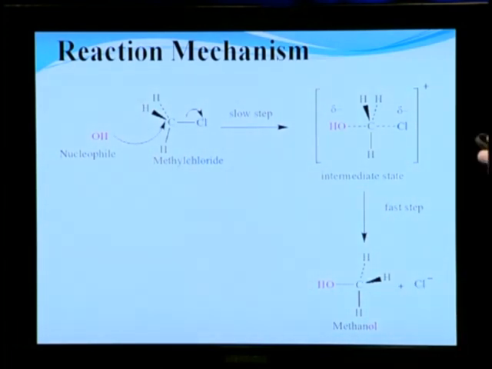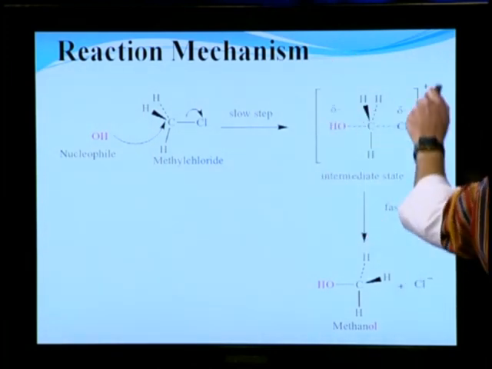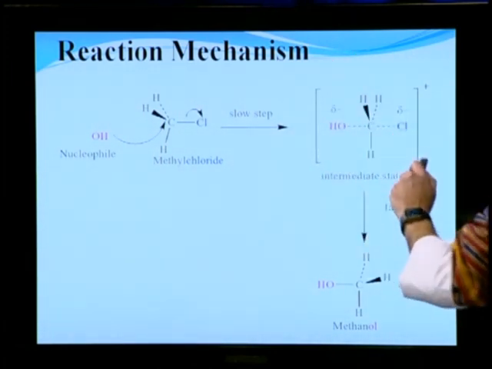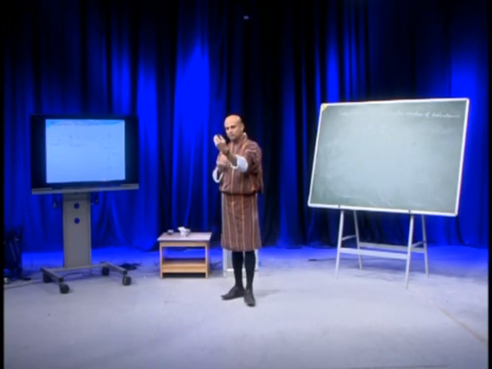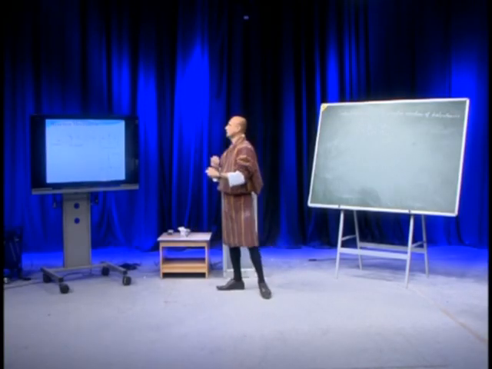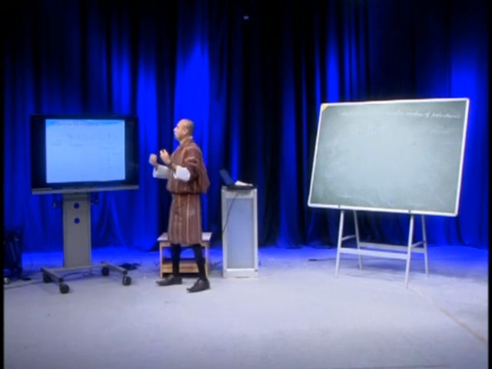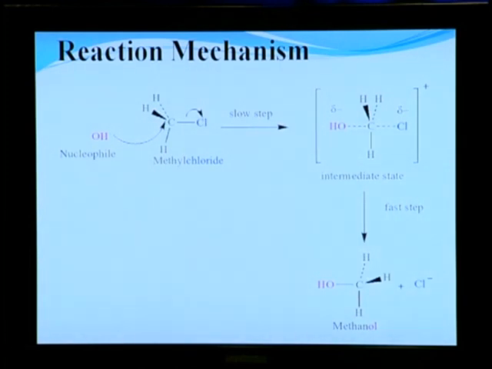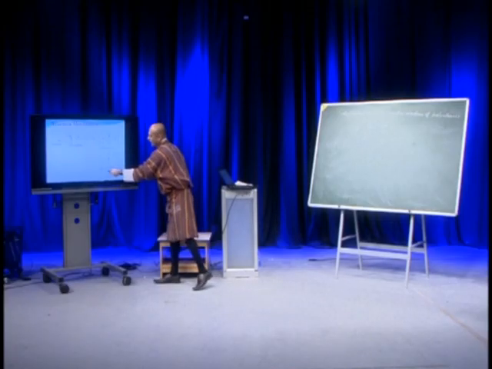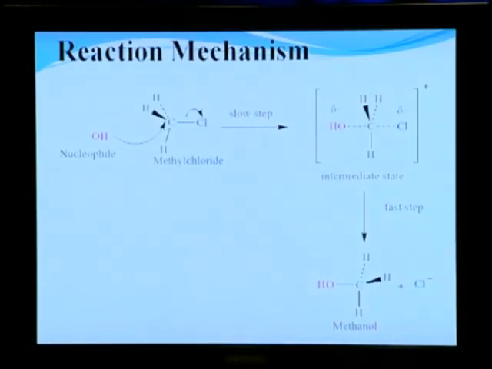Therefore, an intermediate state, an intermediate compound will be formed whereby partially new bond formation is taking place between carbon atom and incoming nucleophile, and at the same time, the old bond which was present between carbon and halogen starts breaking. And finally, the breaking of carbon-halogen gets completed, and the formation of new bond between nucleophile and carbon gets completed and results in the formation of methanol.